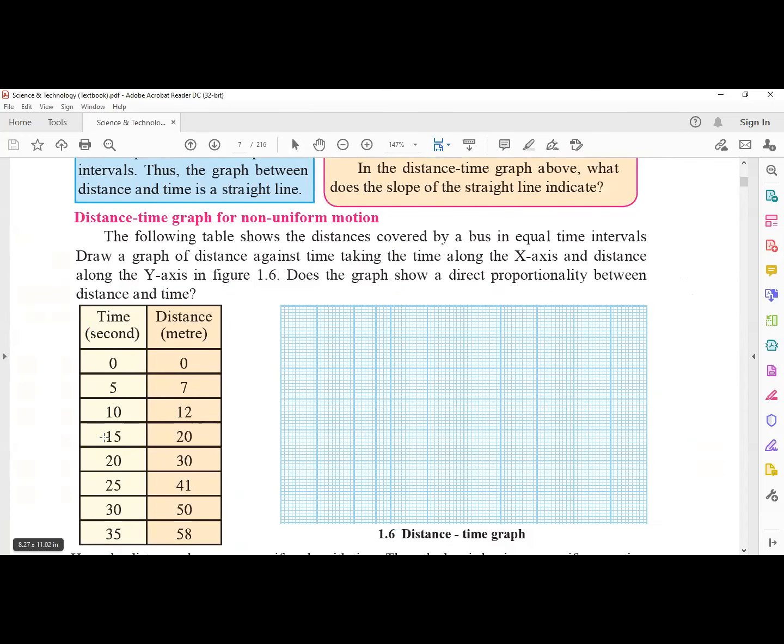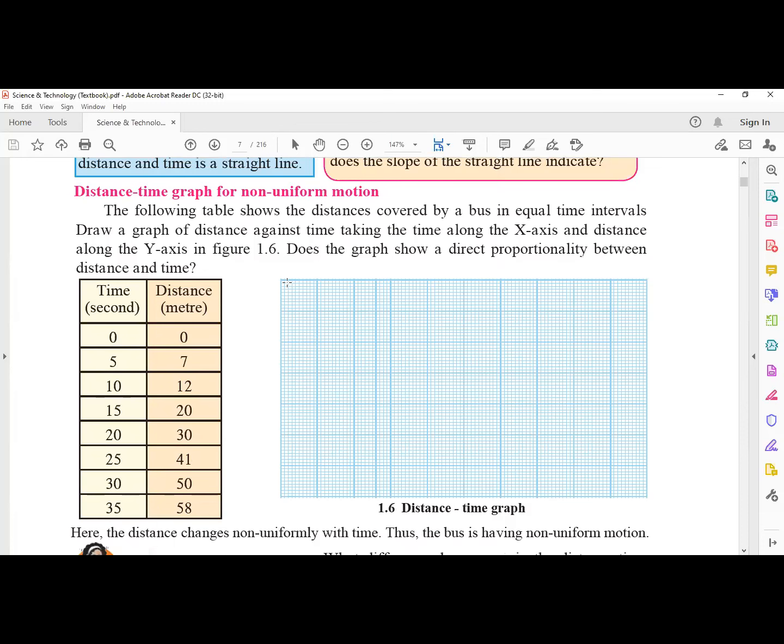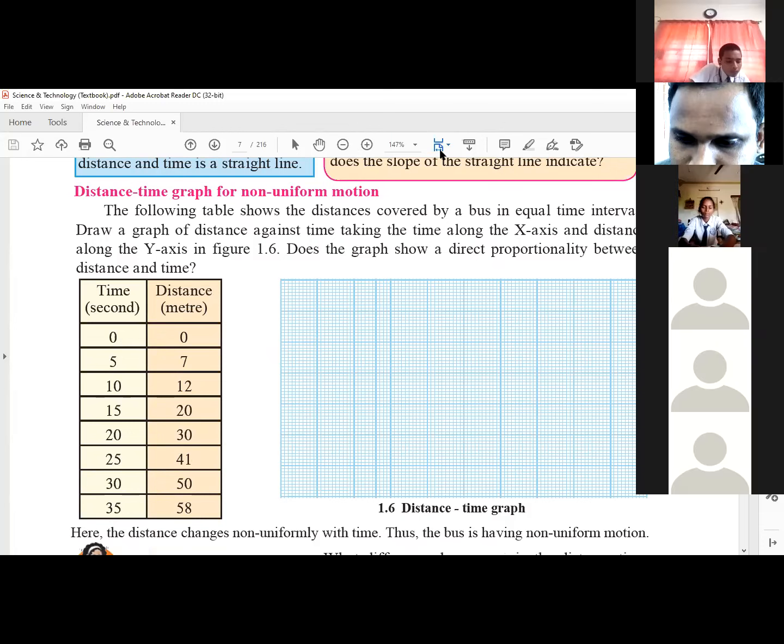Now the distance time graph for non-uniform motion. Here you are asked to plot the graph. Not even axes are given. You have to plot the axes, vertical and horizontal, and you only have to decide which variable to take on the x-axis and which variable to plot on the y-axis.